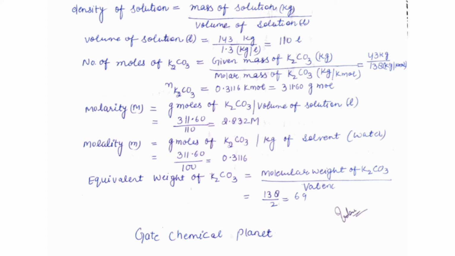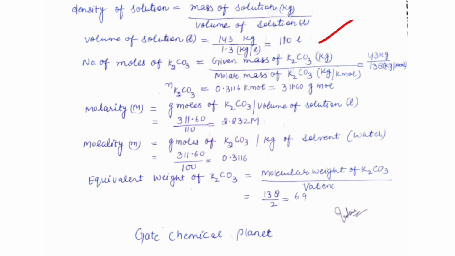Density of solution equals the mass of solution divided by the volume of solution. Here the density is already given and the mass of solution we have calculated. So we can calculate the volume of solution in liters, which equals 110 liters.